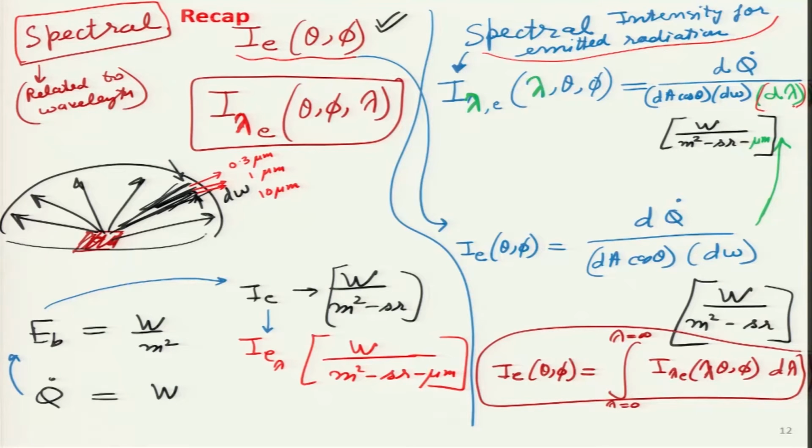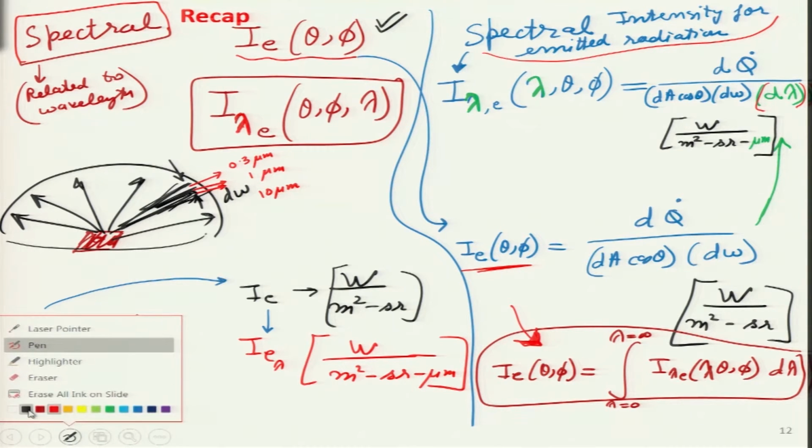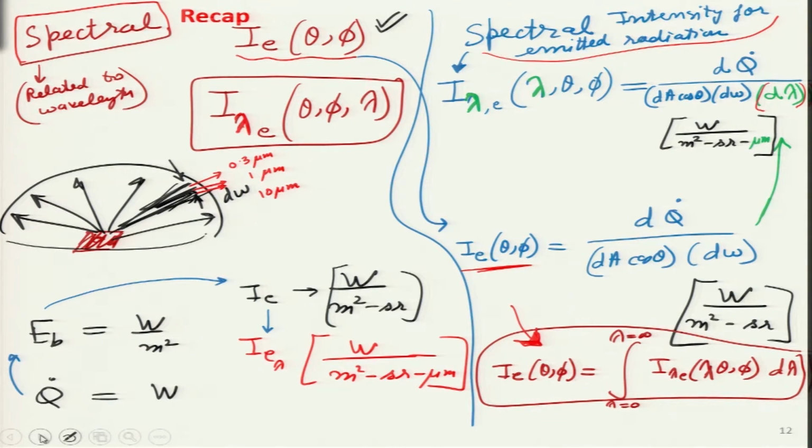The additional thing is that it is per unit wavelength compared to I E, which means we can correlate them with one another with this particular integration over here. So, I think these are very simple things, and students can revise these particular things.